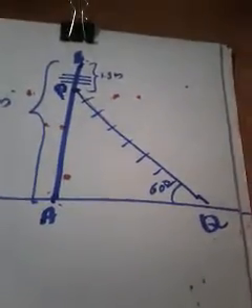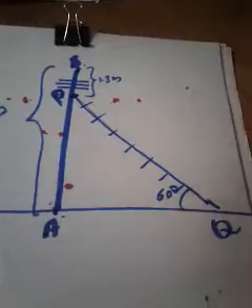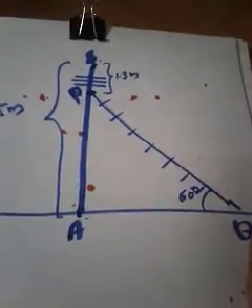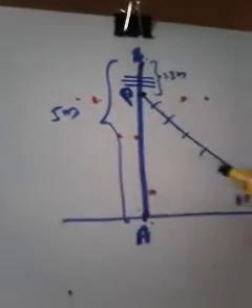Okay, so you may have understood the figure. If you are able to draw a figure, half is done. And you have to write in words what all the things represent.